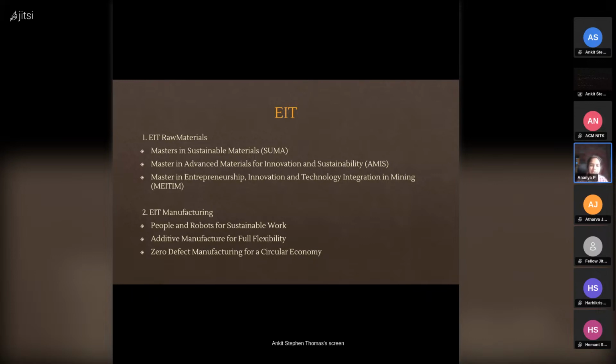But when it comes to the EIT program, I'm not sure about the EIT manufacturing courses, but for the EIT raw materials courses, every student gets an AVSA grant. AVSA is the added value student activity grant, a grant of 13,500 euros for 2 years, which is given to every student in the class.